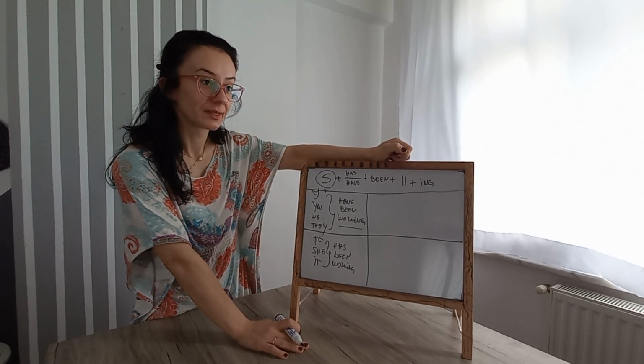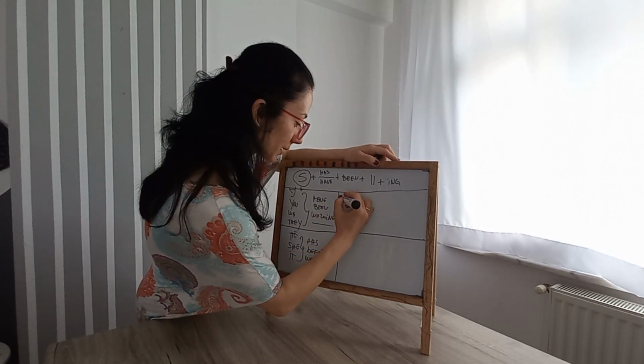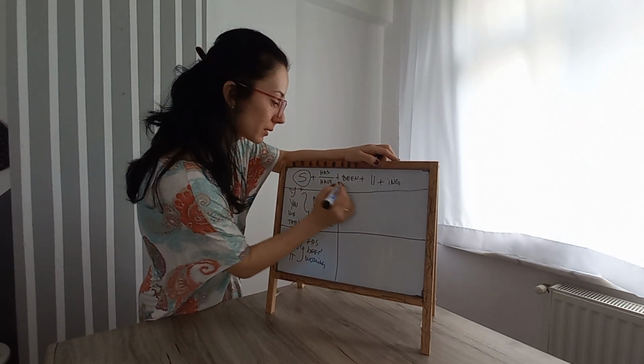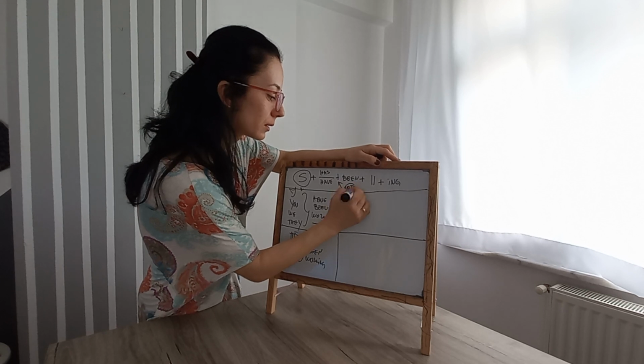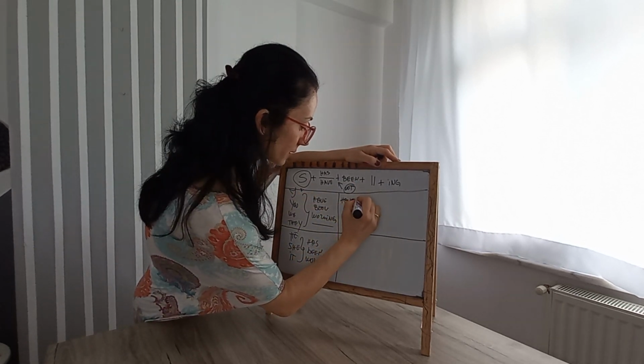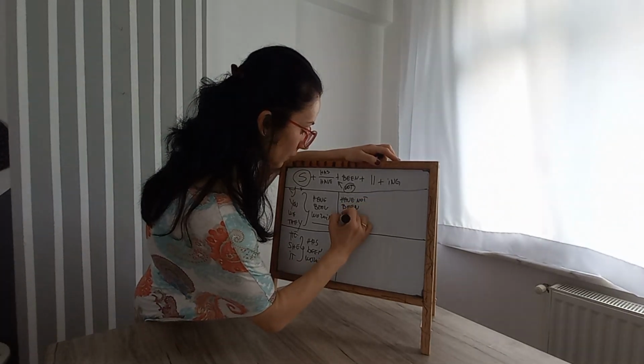Negative. How will we make a negative sentence? We just add here not. That's all. I have not been working.